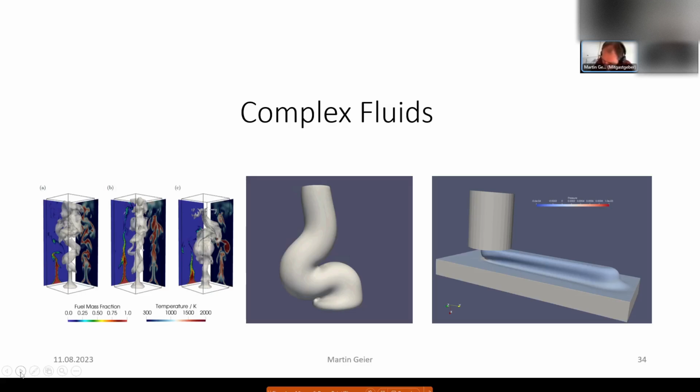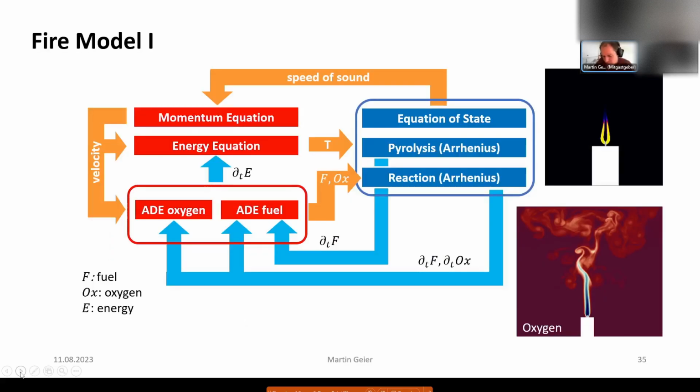Let me briefly come to some complex fluids. We are interested in the simulation of fire. This is a relatively complicated model for fire. The thing I'm showing later is a bit simpler. We have oxygen, fuel, pyrolysis, temperature, and so on.